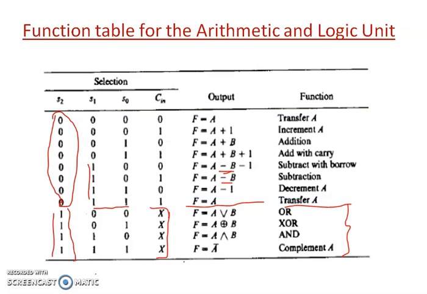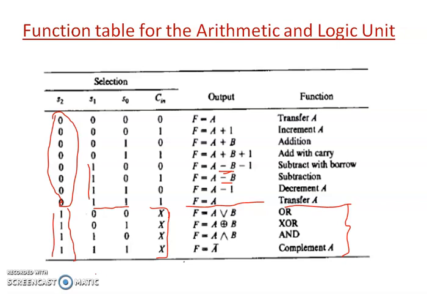What we have done till now is, first we learned about the processor organization, which includes the bus organization and accumulator. Then, to design the arithmetic and logic unit, we first designed the arithmetic unit, and then logic operations were implemented on this arithmetic unit by making the carry inputs 0.